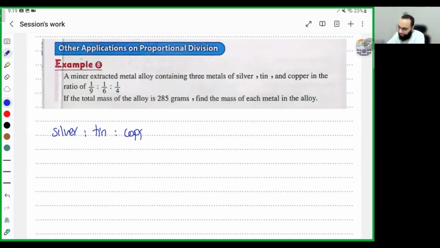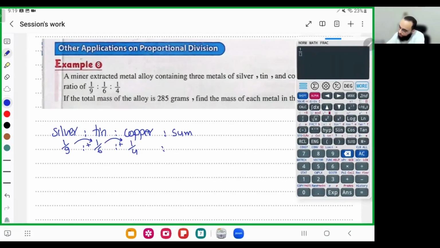In the ratios: this is 1/9, this is 1/6, and this is 1/4. And the total mass, let's sum them. Is it clear? Add them with the calculator. 1/9 plus 1/6 plus 1/4, you can do it in many ways.